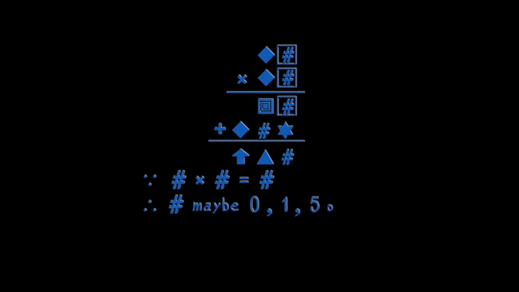Pound may be 0, 1, 5, or 6. Star is 0, diamond is 1, and triangle is 5 as already solved for with the addition problem above. So pound must be 6.